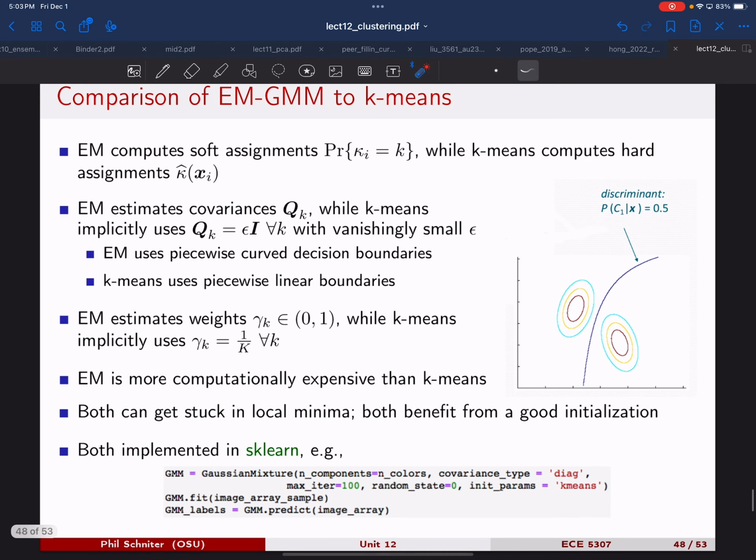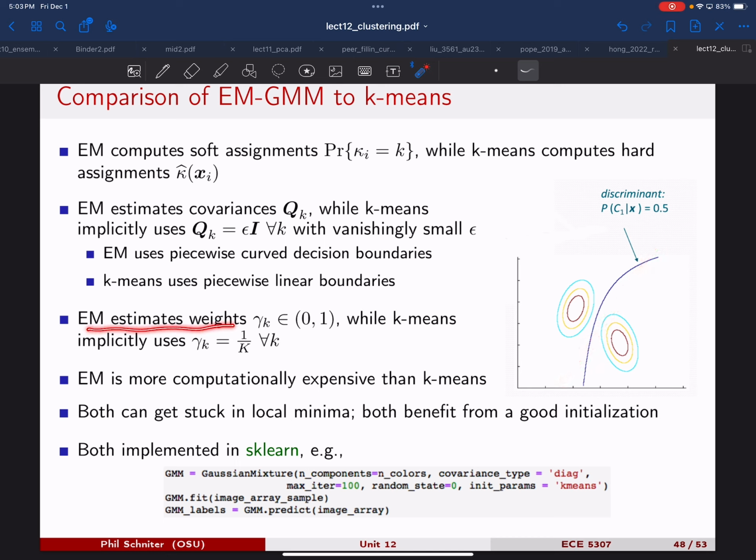If you want to compare EM, GMM, and k-means, EM computes these soft assignments, k-means only hard ones. EM estimates covariance matrices. K-means kind of implicitly uses identity covariance matrices with a very small epsilon. That essentially means that EM uses piecewise curved boundaries, where k-means' Voronoi cells use piecewise linear boundaries.